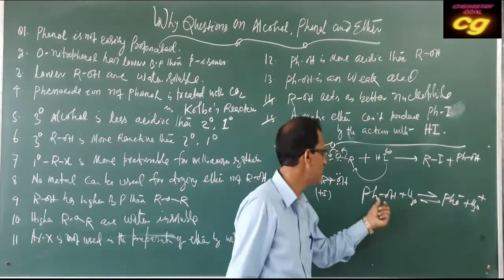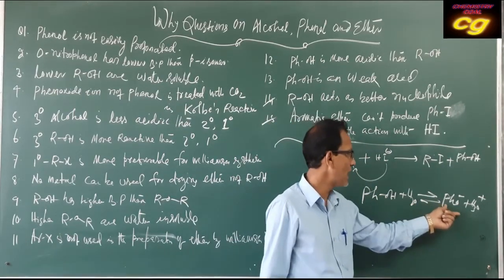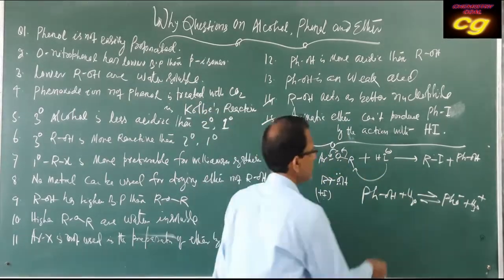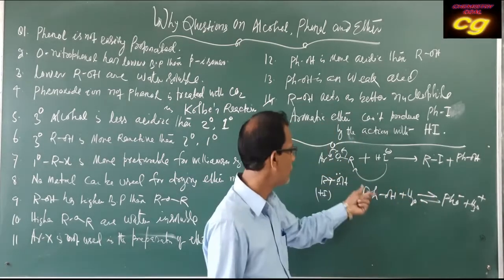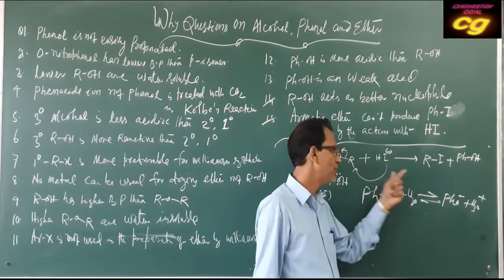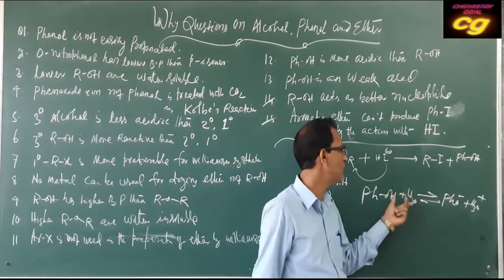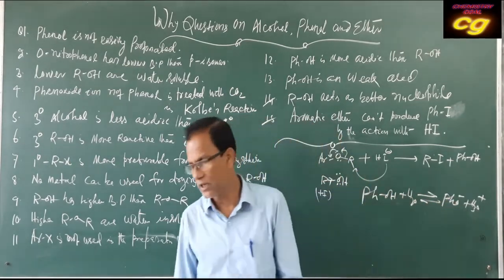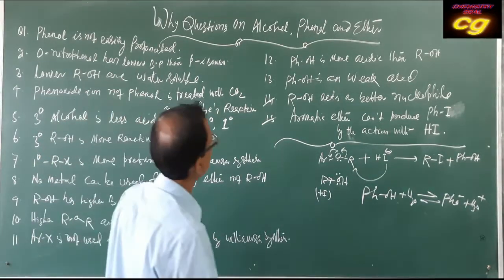As it is a reverse process and a very slow process, phenol is not completely losing its H plus ion. That's why it is a weak acid, maintaining equilibrium between phenol and its phenolate ion, not completely losing H plus.